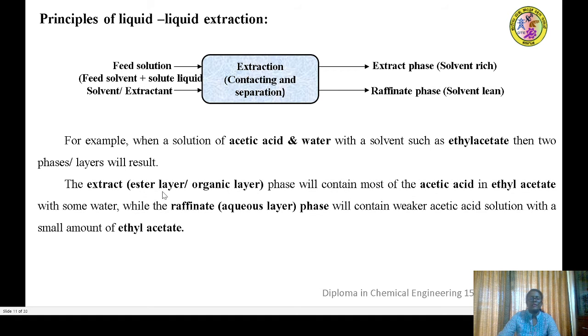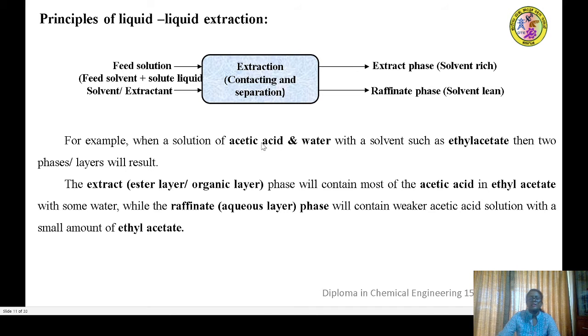The extract phase or layer, in this particular instance, we can call an ester layer or organic layer, because it contains the ester ethyl acetate. In this extract layer, most of the acetic acid is present, and ethyl acetate is rich in this phase. Also the acetic acid, which is the solute liquid here.